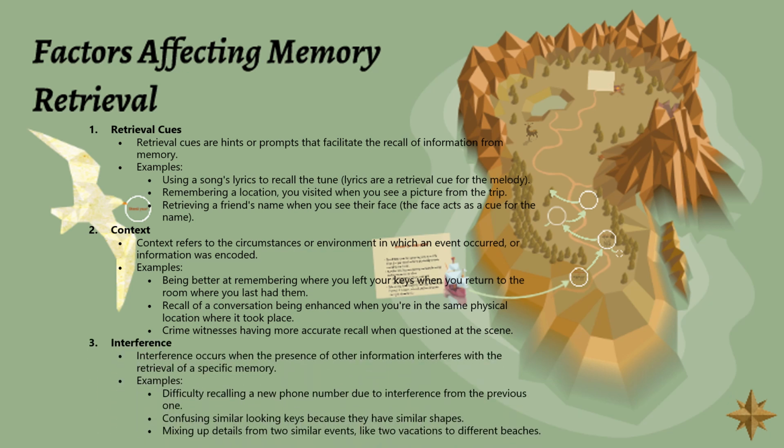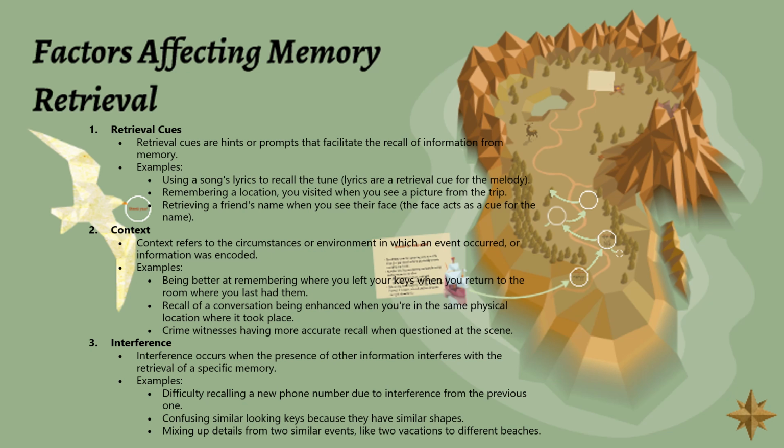Interference. Interference occurs when the presence of other information interferes with the retrieval of a specific memory. Example: difficulty recalling a new phone number due to interference from the previous one. Confusing similar looking keys because they have similar shapes. Mixing up details from two similar events, like two vacations to different beaches.